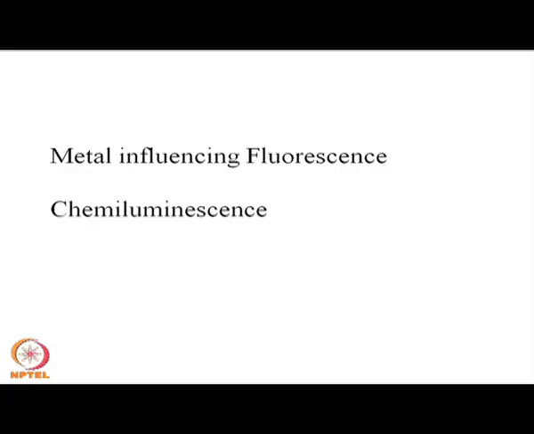This chemiluminescence is very important, and also chemiluminescence can be used to detect other substances like sulfur, maybe nitrogen oxides, etc. So, that completes our discussion regarding metals influencing fluorescence. This is one topic, and another is chemiluminescence.